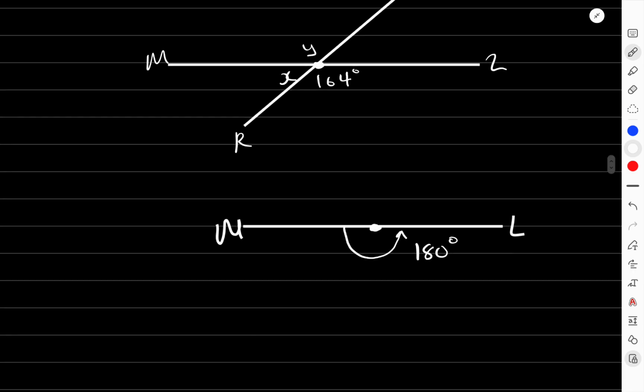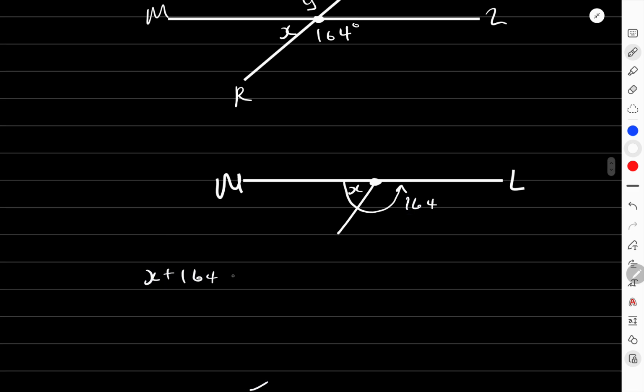But when we look at ML, it has a line that is having x here and we have 164 degrees here. It means the value of x plus the value of 164 combined should give us 180 degrees, because these two angles are within a straight line. Therefore, I'm going to have x plus 164 degrees combined, they should give us 180 degrees.